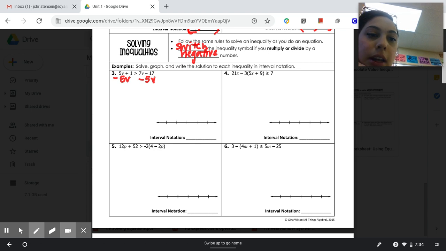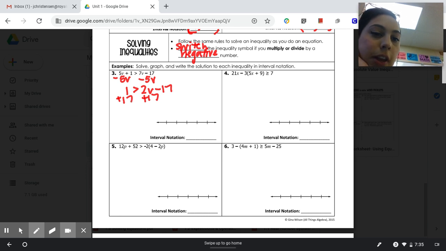On the right side, we're going to get 1 is greater than 2v minus 17. Then we'll add 17 to both sides to get that 17 away from the v. Then we have 18 is greater than 2v. Then we're going to divide by 2, and we get 9 is greater than v.